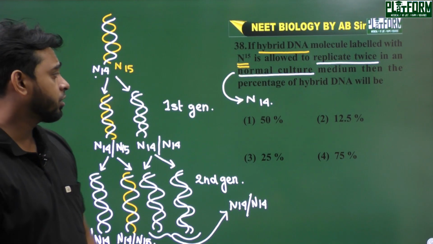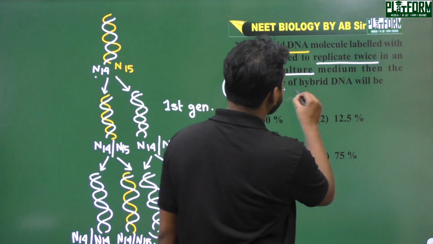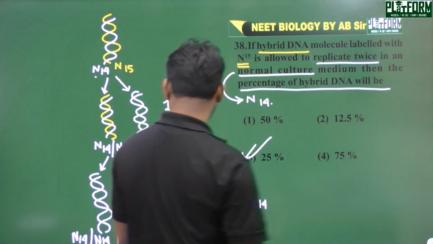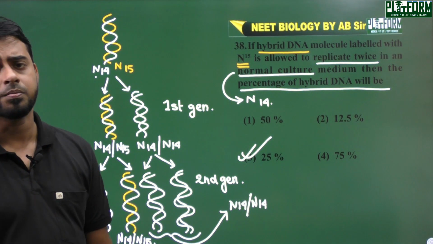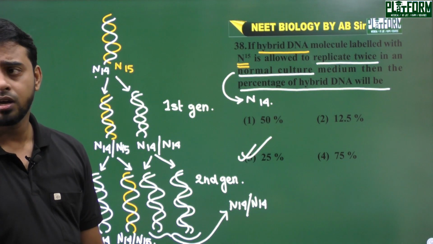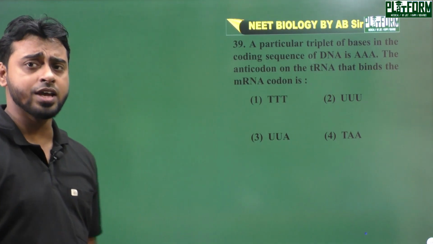So 1/4. So then the percentage of the hybrid DNA will be, that's the 25%. Okay, clear? So next, this is a very nice question.